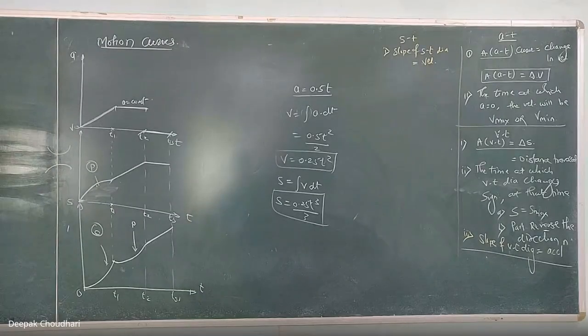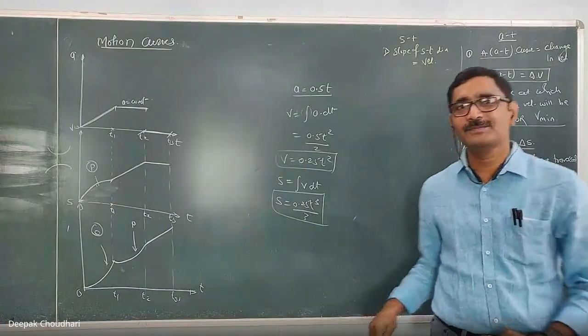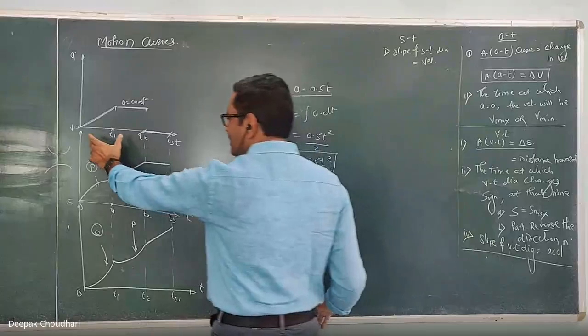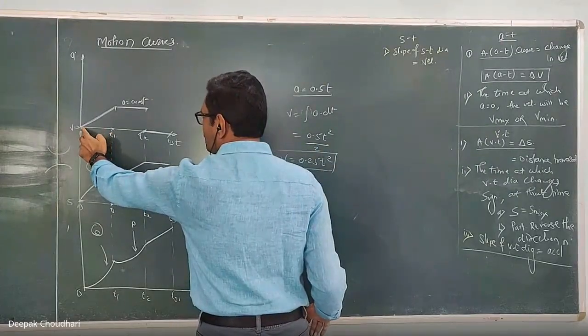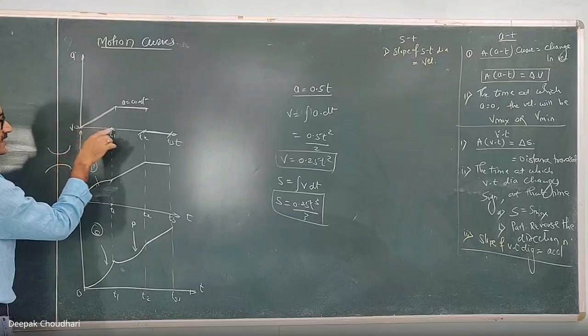Any doubt? So while solving sums on motion curves, you have to remember all these things. Motion curve sums you can solve by using these properties, or for each interval in which the motion is continuous. See, from 0 to t1 the motion is continuous.